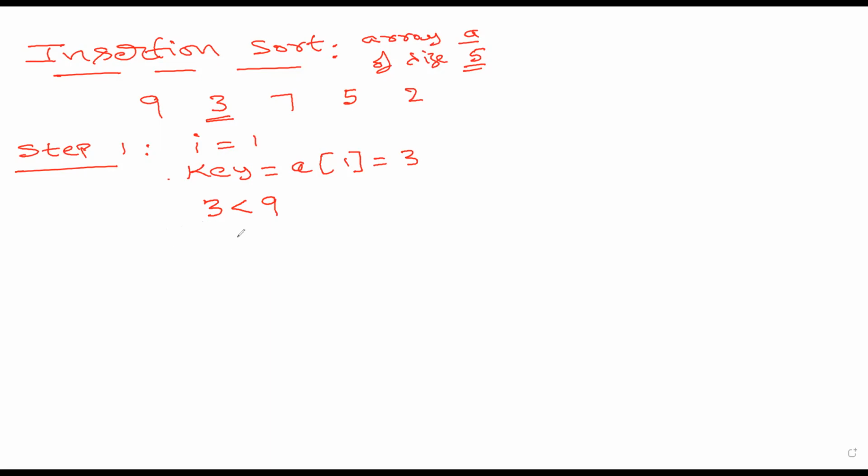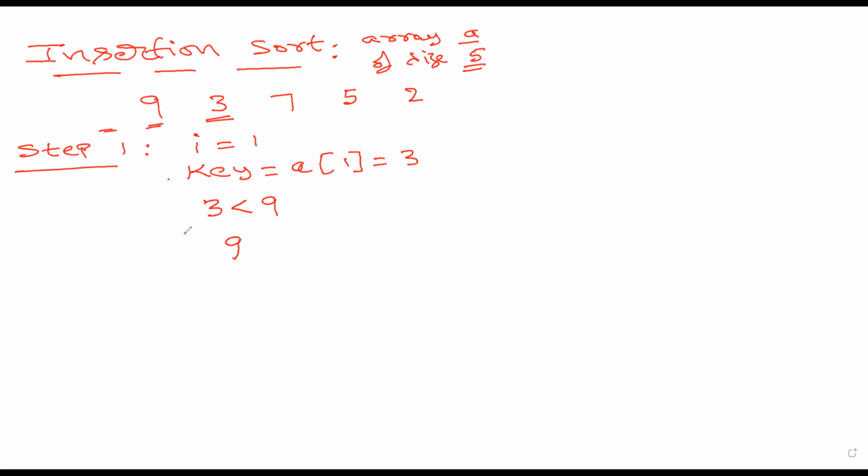So 9 is coming to the first position, because 9 is present at the 0th position. We are shifting that one to the first position. Before 9, no elements are present. That is the starting of our array, the 0th position. At that position, we have 9. So we have to stop our process.